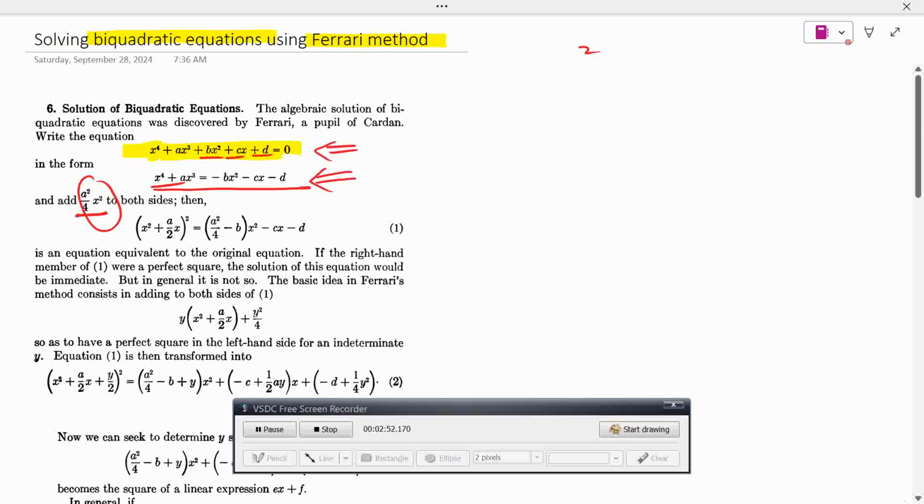Because we have this x cube term. I am rewriting these terms as x square whole square plus 2 into x square into ax by 2. The 2 gets cancelled, and this is x cube only.